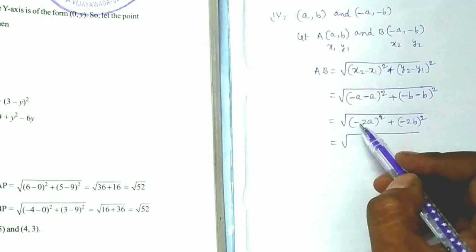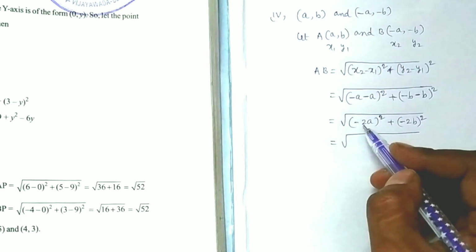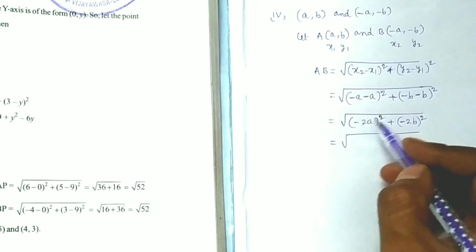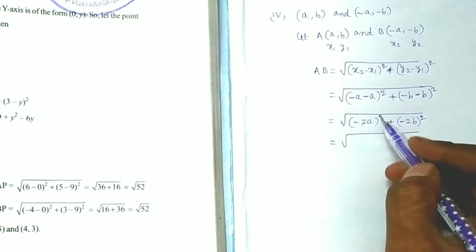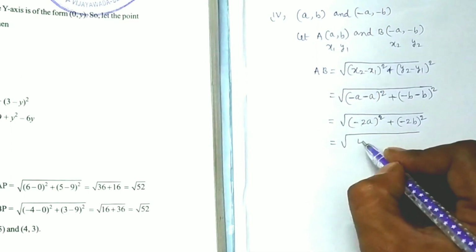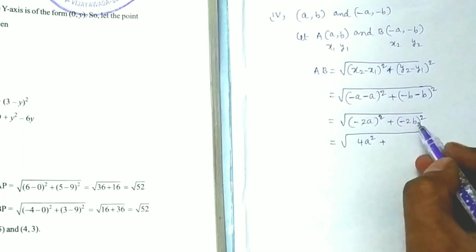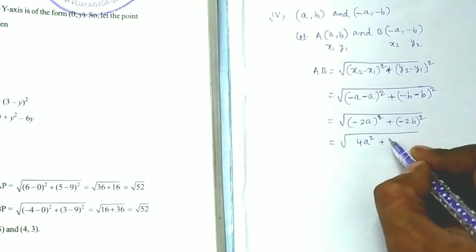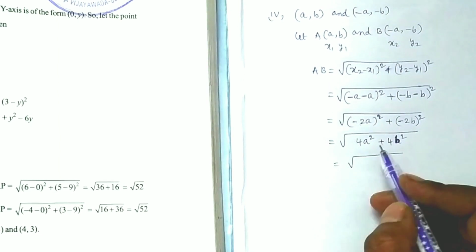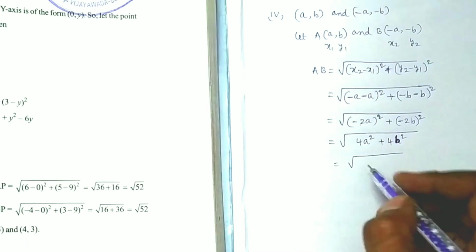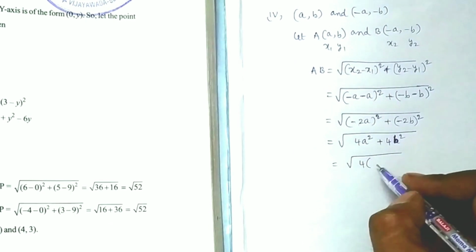Here first symbol square, minus square means minus into minus plus. Next number square, that is 2 square means 4, and variable square, a square means a square. So this value is 4a square. This is also same, so you can write as 4b square. Observe here, in these two terms 4 is common, so take common as 4.